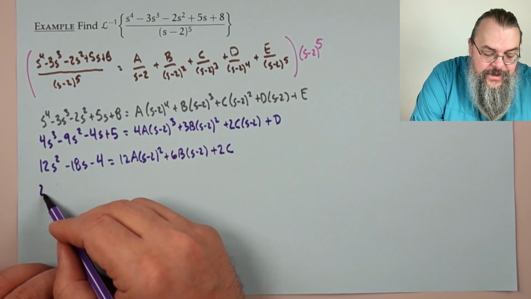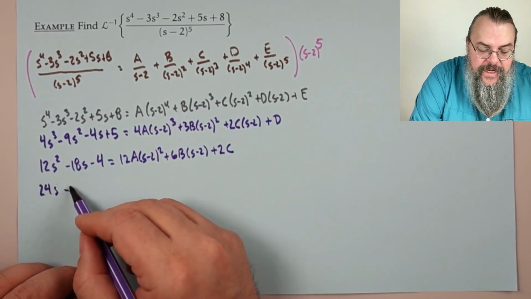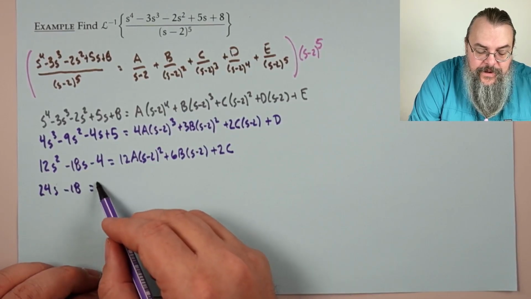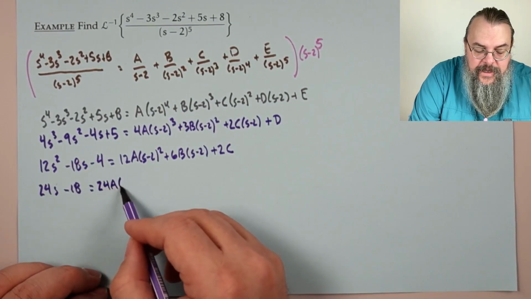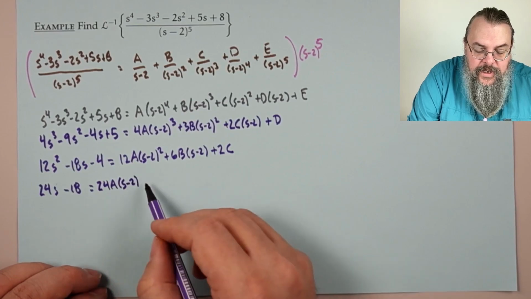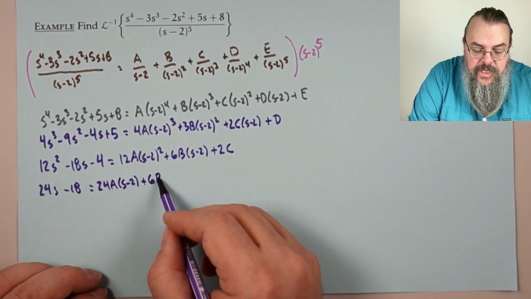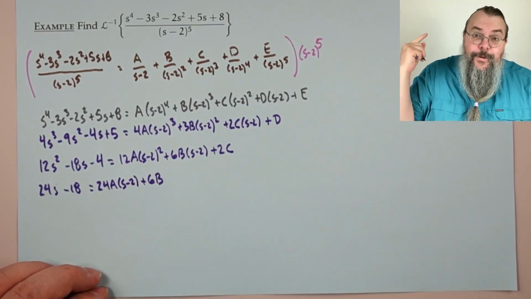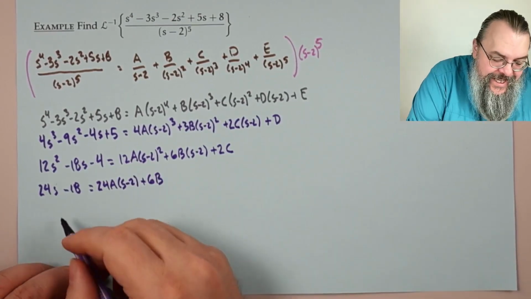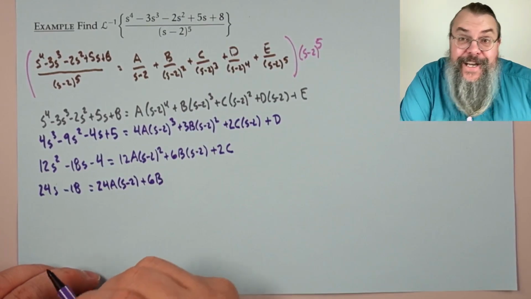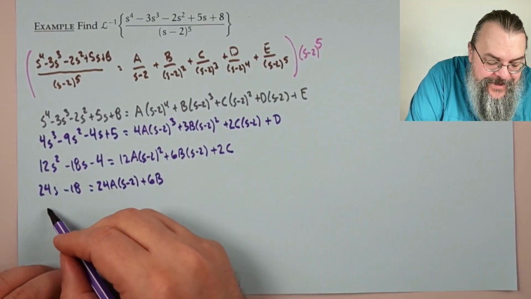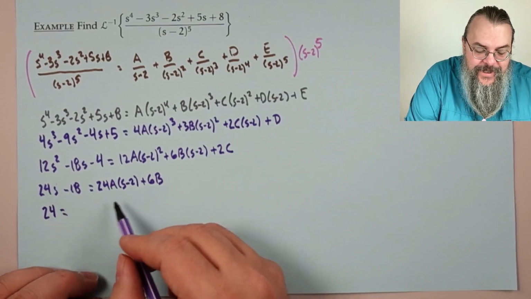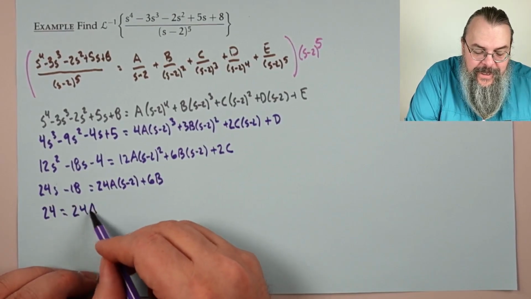Okay, 24s minus 18 is equal to 24a times (s minus 2), and then plus 6b. And now, great, let's do it one more time. Okay, I love your enthusiasm. Never lose that. 24 is equal to 24a.